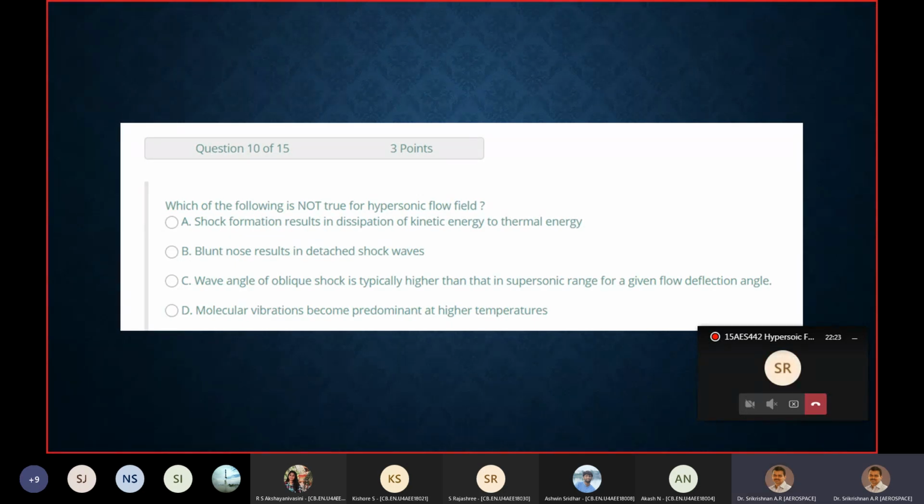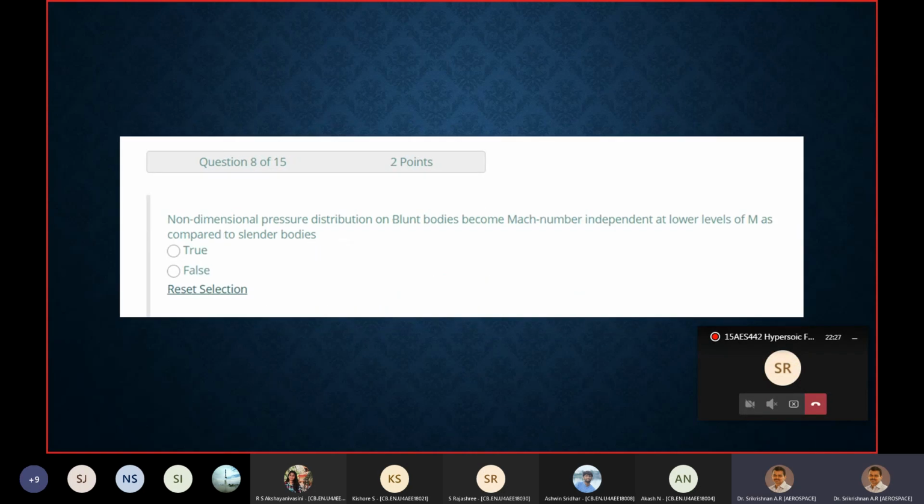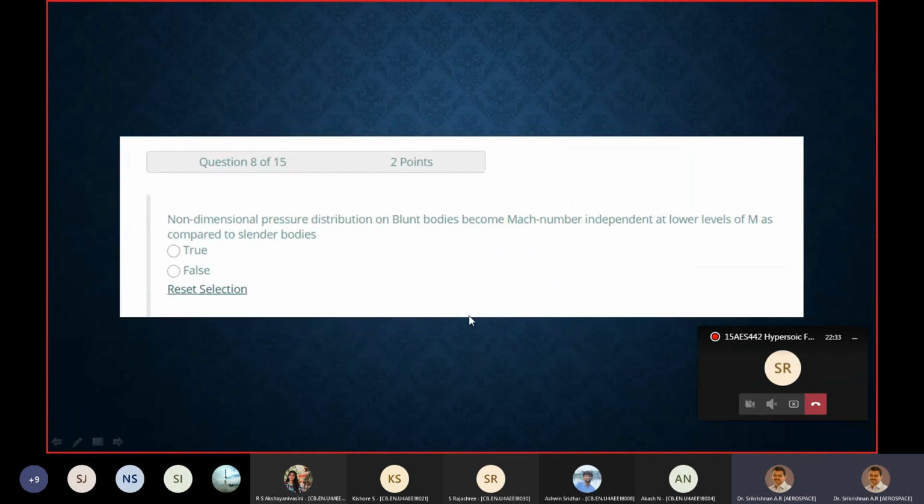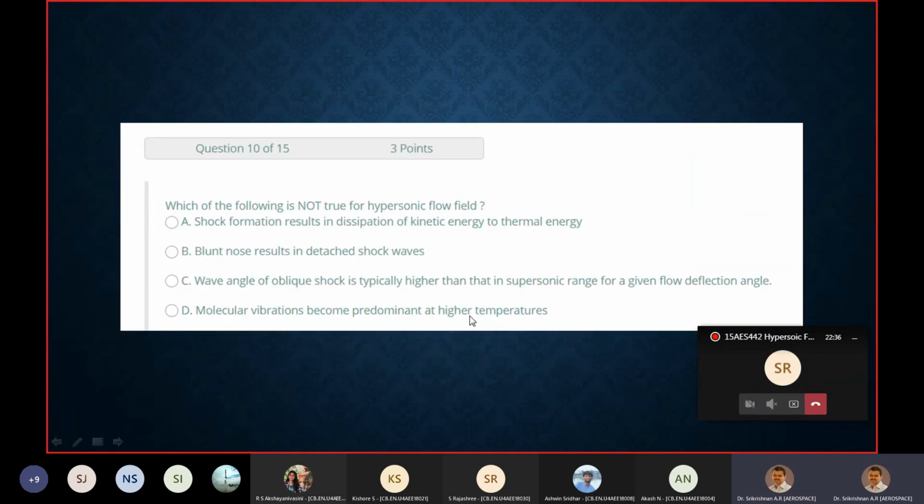Question 10. Which of the following is not true for hypersonic flow field? I'll just go back, it's just below 80. Option A: shock formation results in dissipation of kinetic energy to thermal energy. This is correct, because any shock formation is a dissipation of energy.